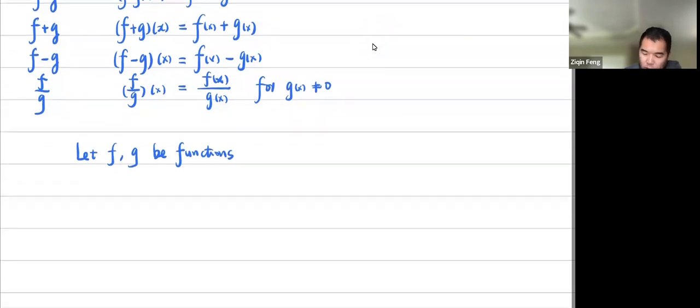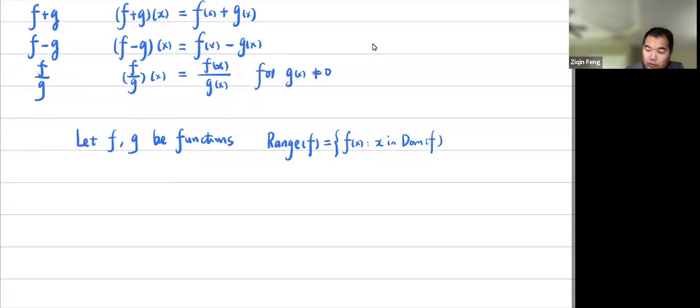All we need to require is that the range of f, which is basically the collection of the function values f of x, with x inside the domain of f, is a subset of the domain of g, right?